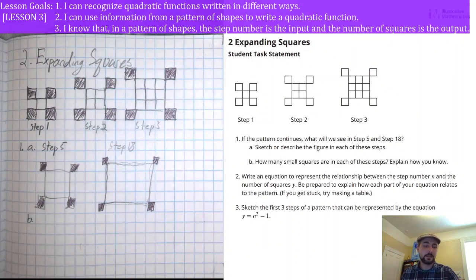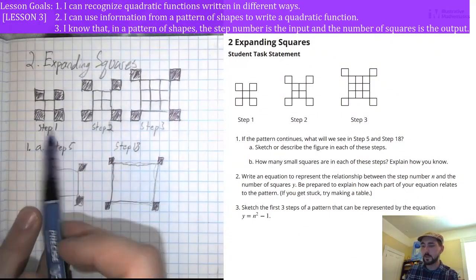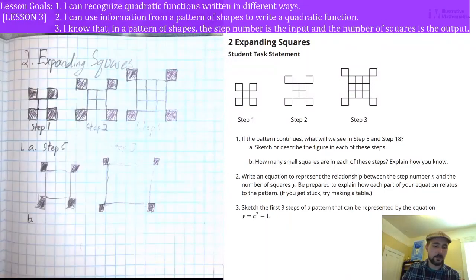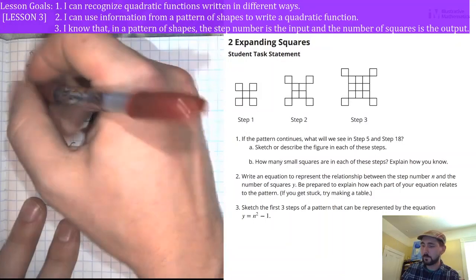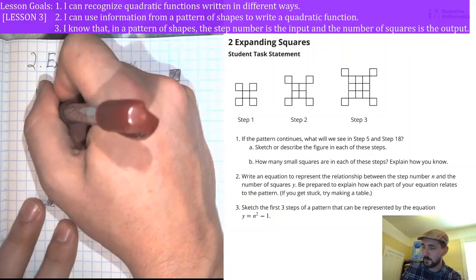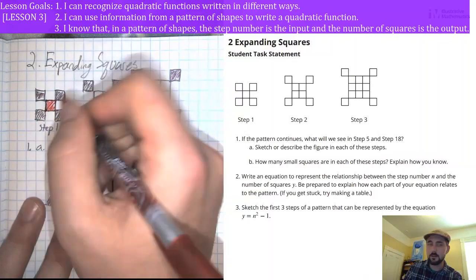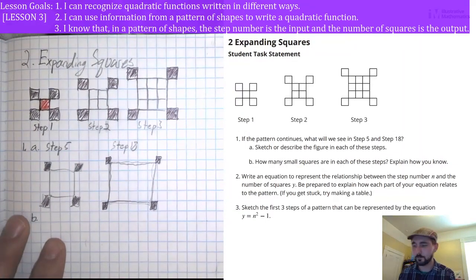So what about everything that's not the corners? Well, let's take a look. In step 1, let's do this in red so it really pops. There's this 1 square in the middle. Right?